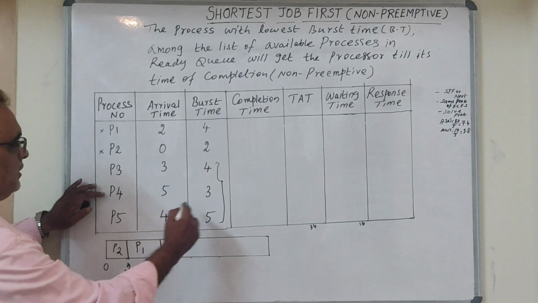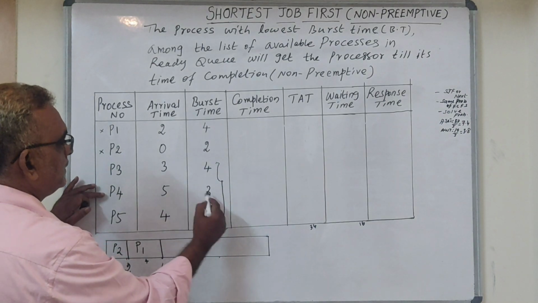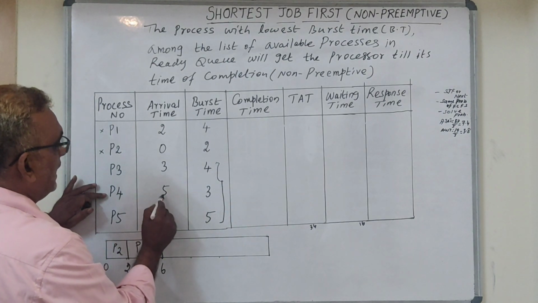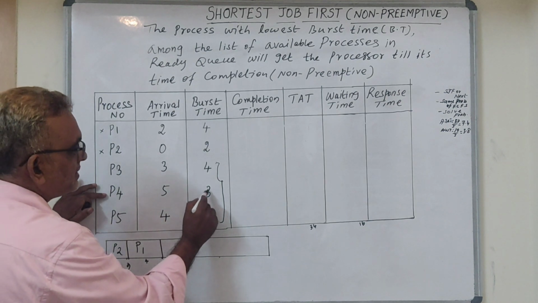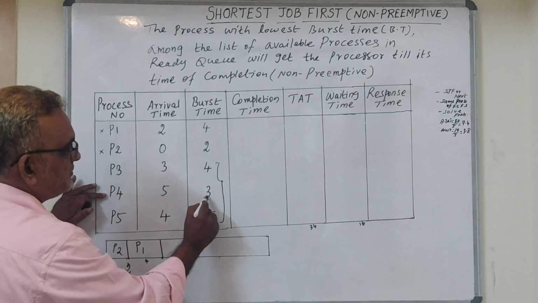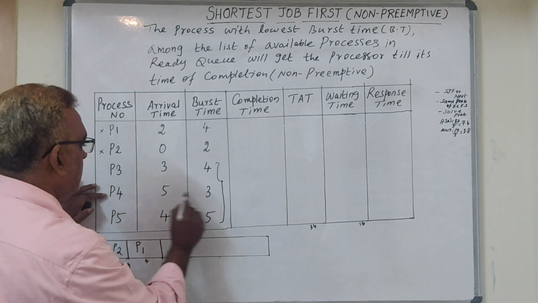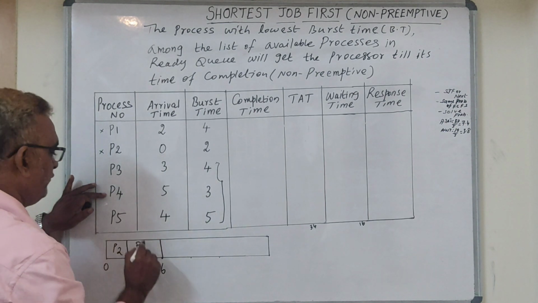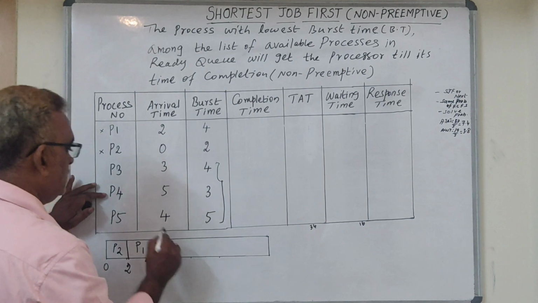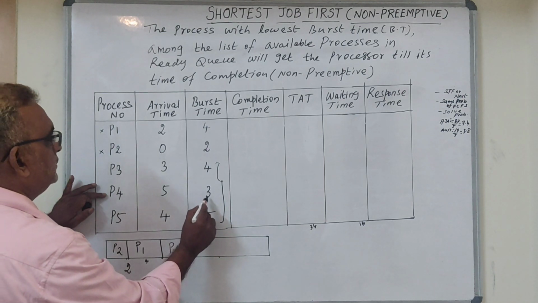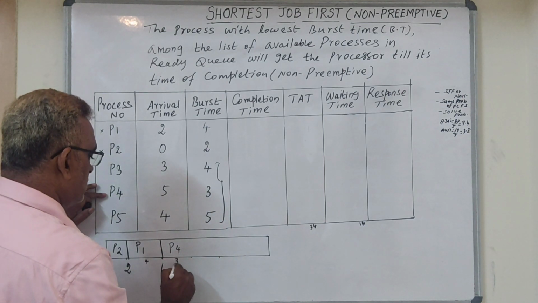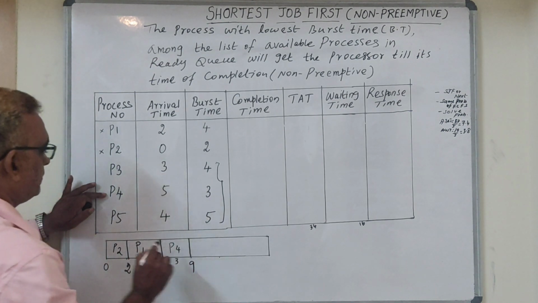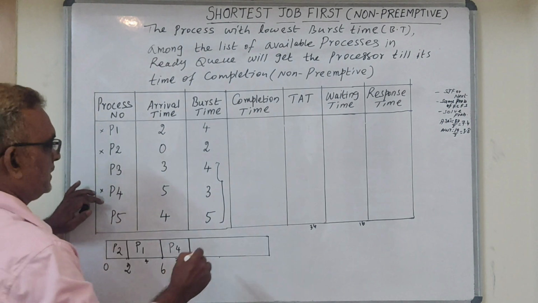Though P4 arrived last, its burst time is very small, so preference is given to P4, which needs 3 milliseconds. So 6 plus 3, at the 9th millisecond, P4 is over.